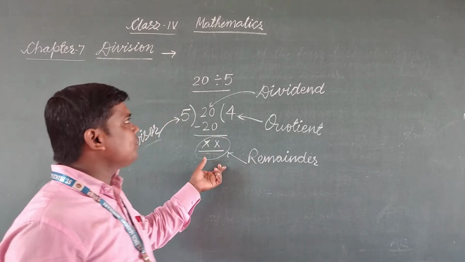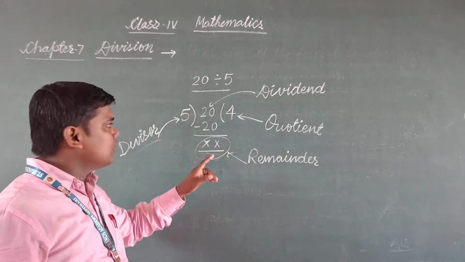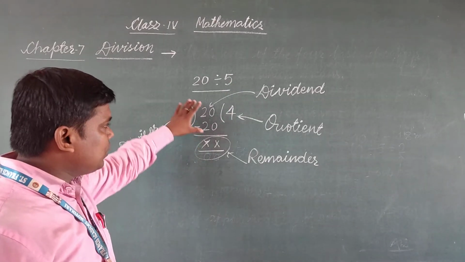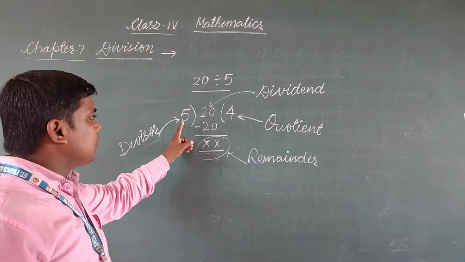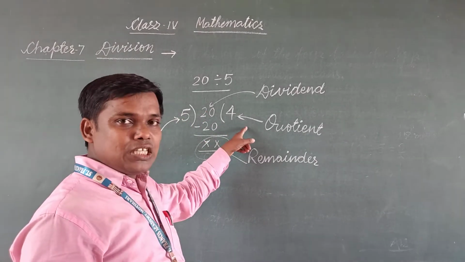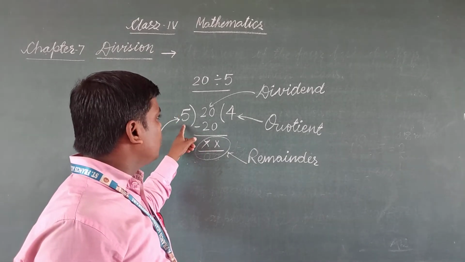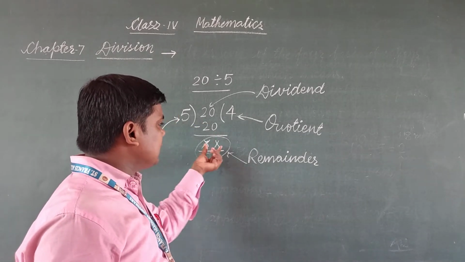As in this case, 20 is divided by 5. Here we write in this way. Then we need the table of 5. So 4 times 20 comes. Now we will subtract.